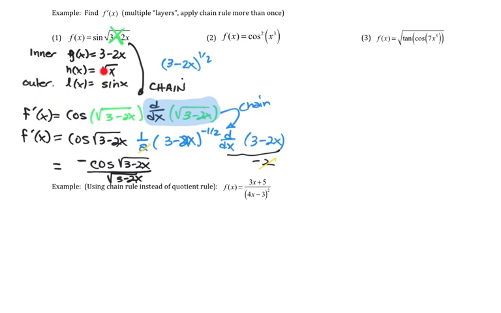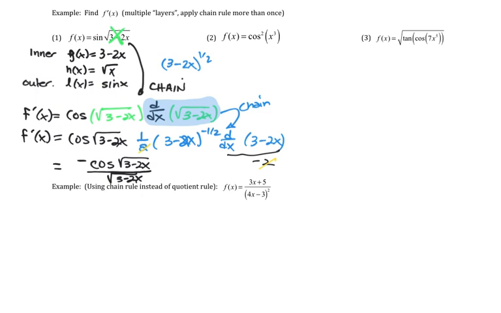I have these 3 different functions, and somewhere in the problem you have to find yourself taking the derivative of sine, I did. The derivative of the 1/2 power, I did that here. And the derivative of 3 minus 2x, we did that here. You have to eventually differentiate all 3 of those. If there are 3 layers, 3 functions, then we're going to apply the chain rule twice.